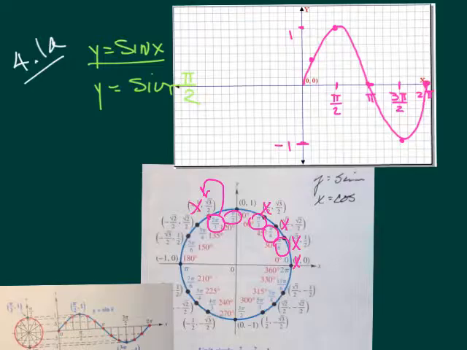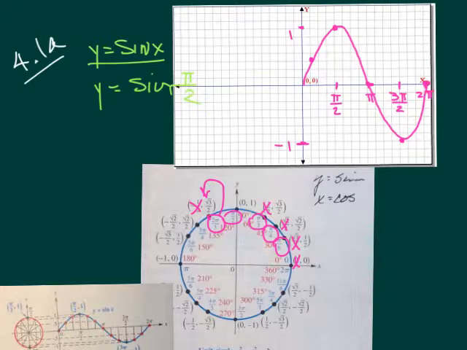We're using the blue radian measurements as our x values, because notice we have those here as our x values. We have the radian measure of the angles here, and then the y values, once we take the sine of that, it will give us the points going up and all the way around here like that.